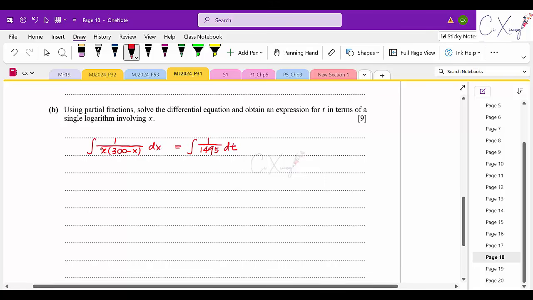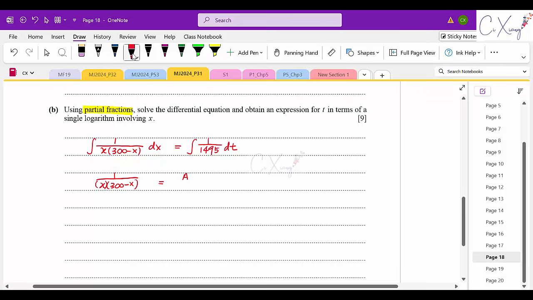Okay, so for this part, they already give us a hint. This is a rational function, right? You have to use partial fractions before you can integrate them. So we need to find the partial fractions for this particular rational function here. I have two factors here, and both of them are linear factors.